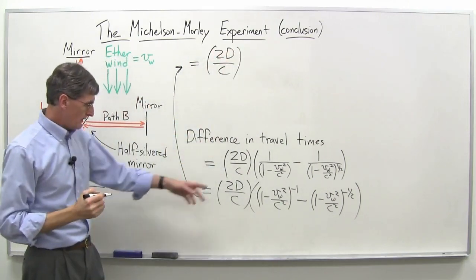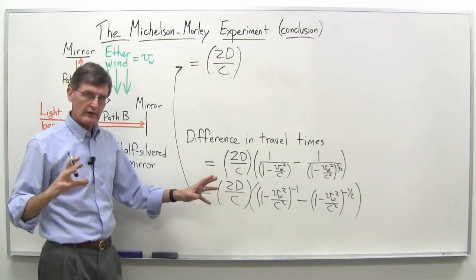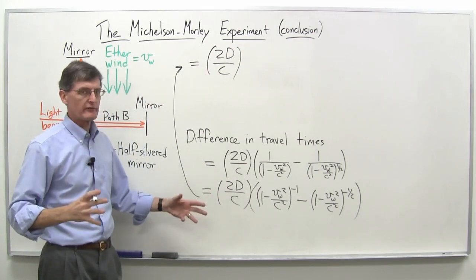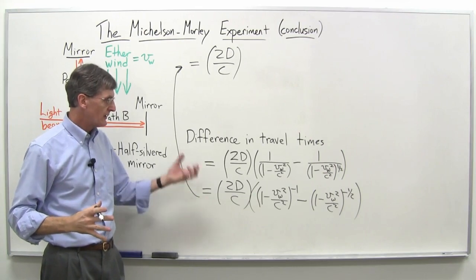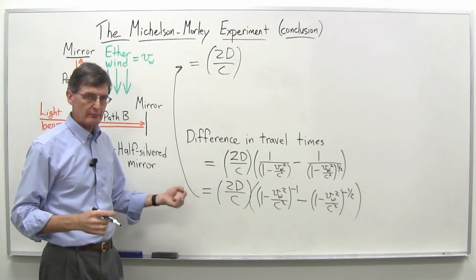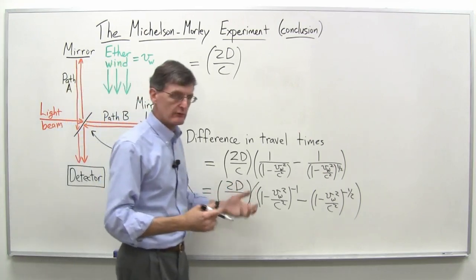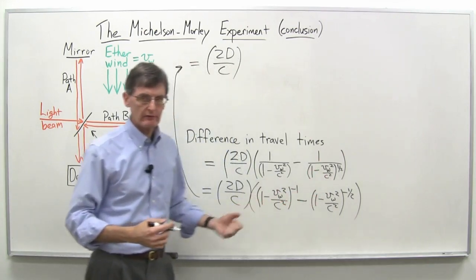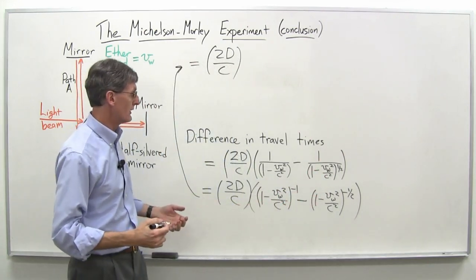We have that still. Now, here's where we use a mathematical technique that physicists love to use when they can. Remember we talked about the binomial expansion, and just to remind you, this was from the first video clip on the Michelson Morley experiment.